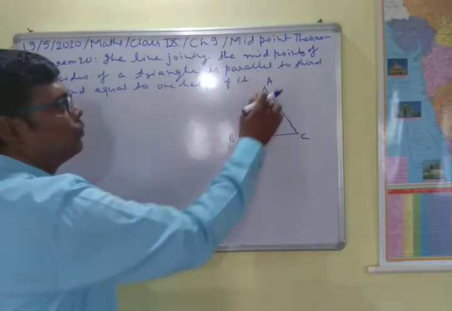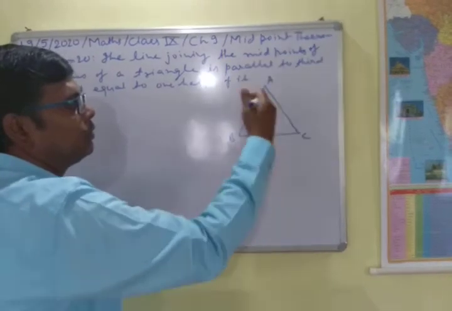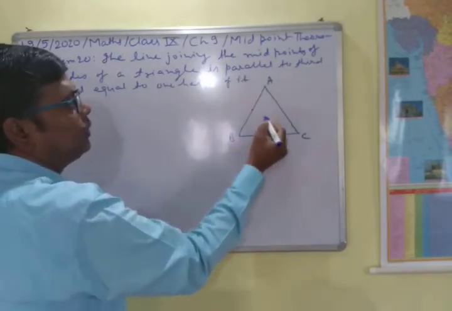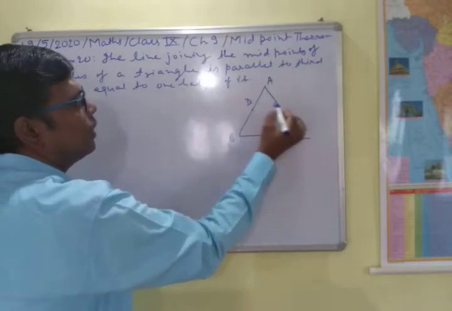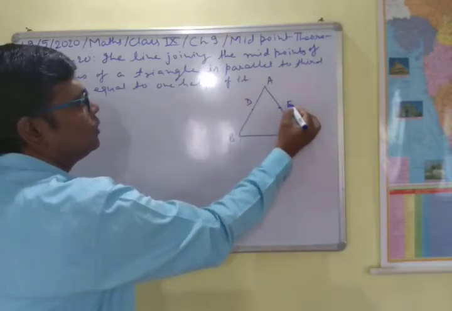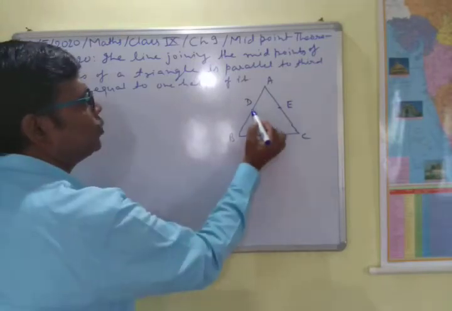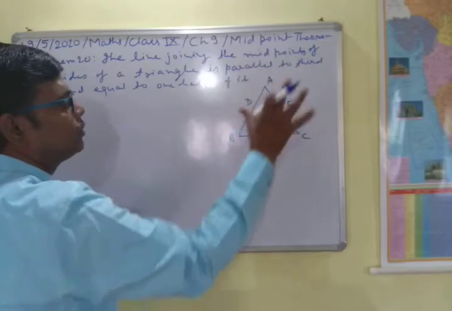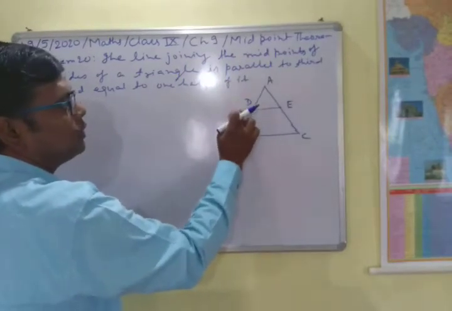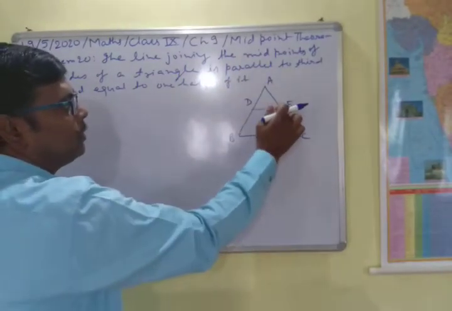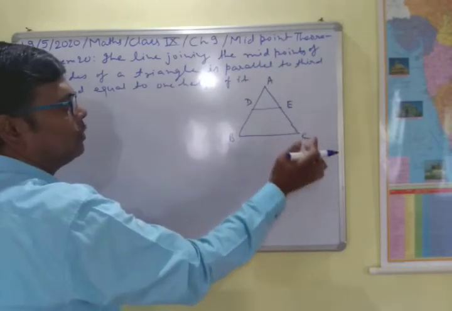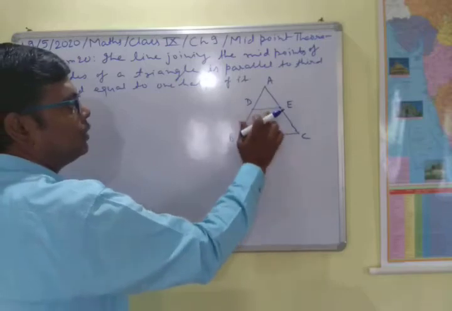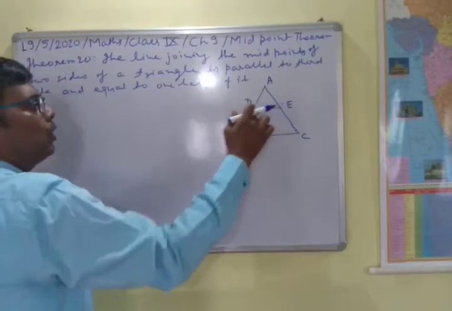Means that if you are given any triangle ABC, and suppose this is the midpoint of AB, and suppose this is D, and this is the midpoint of AC, and suppose it is E, and if you join D and E, then this theorem states that if D is the midpoint of AB and E is the midpoint of AC, then DE is parallel to BC, and the length of DE will be equal to half of BC.